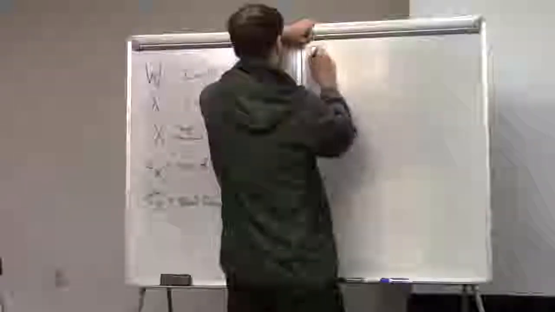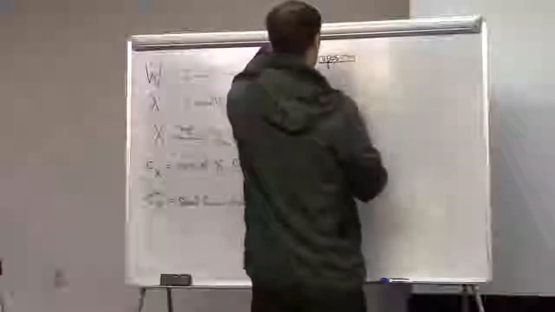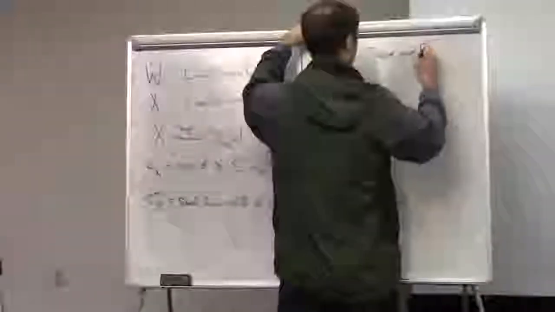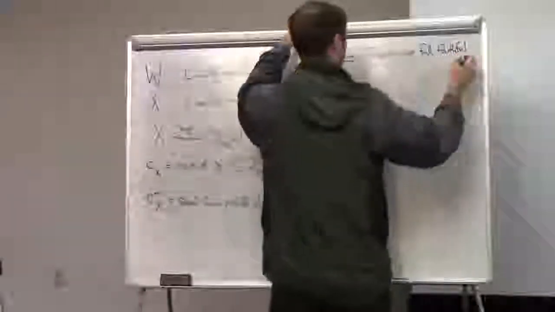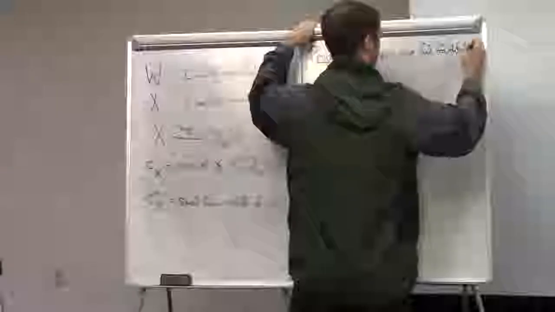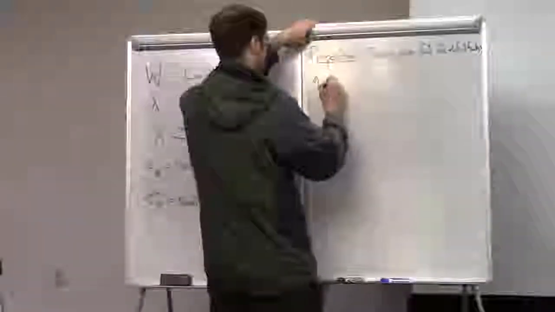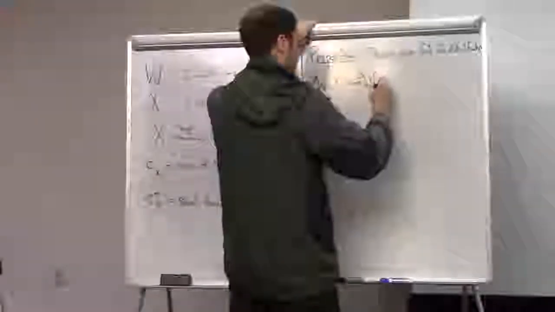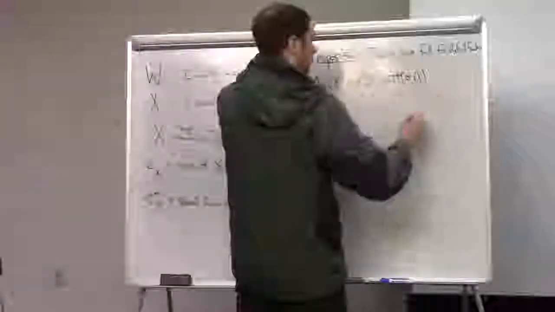So proposition: fully faithful functors from W of X into W of X cross T star [0,1].